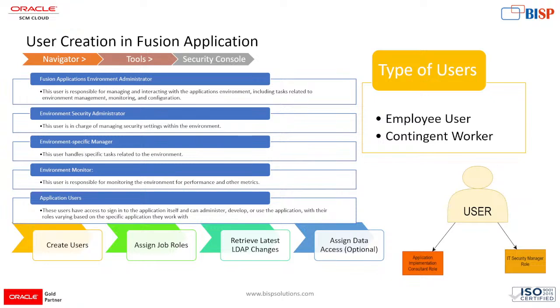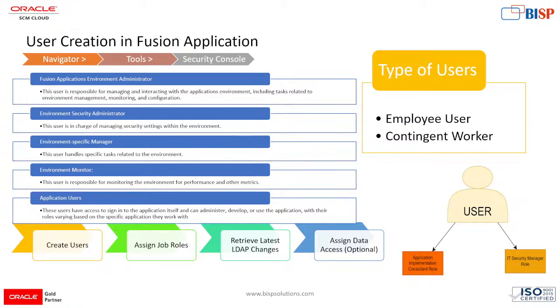Then we will assign the data access, which is again an optional step depending upon the role. Depending upon the requirement, you may need to assign data access to the user based on the job role. This can be accomplished using the Manage Data Access for Users task.